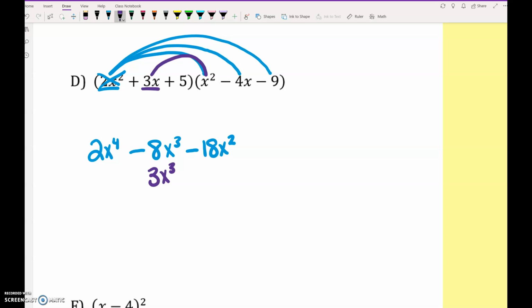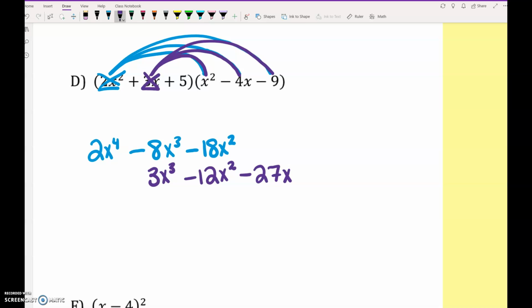I'm going to vertically group the things that are the same so that when I go to combine like terms, I don't have to sit there and look through the string of 9 things. I've got everything that is the same right next to each other. 3x times negative 4x is negative 12x squared. 3x times negative 9 is negative 27x.